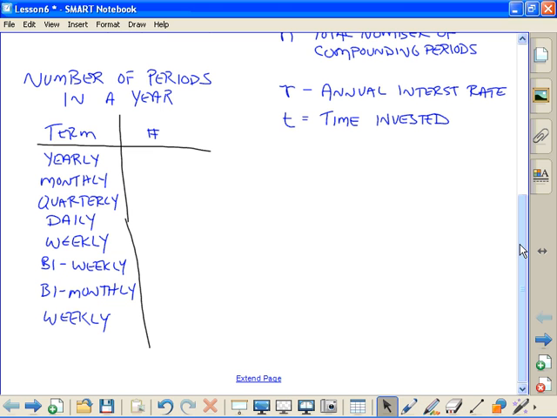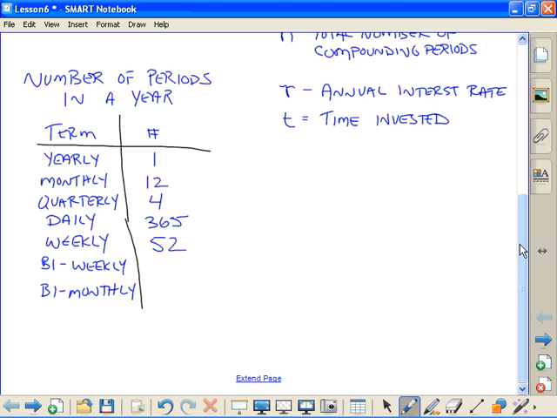So what does that translate to for us? Number of periods. Well, yearly means that there's only one period in that year because you're doing it once a year. Monthly would mean that there are 12 periods in the year. Quarterly, we divide the year into 4. Daily, 365 days a year. Weekly, it's 52.